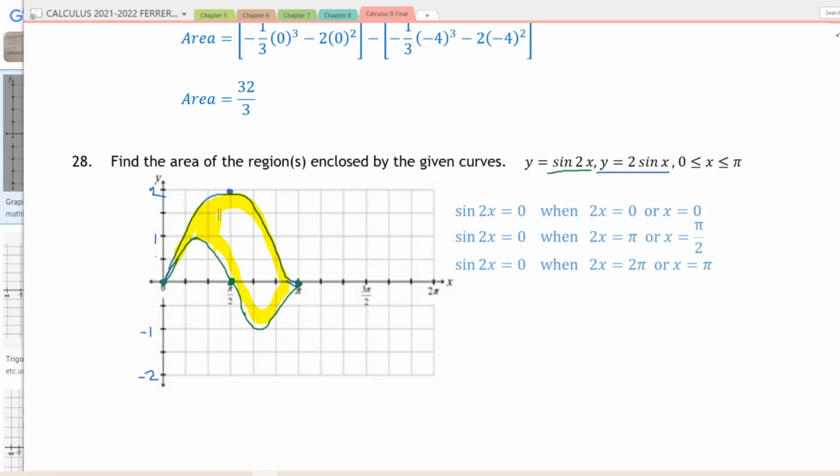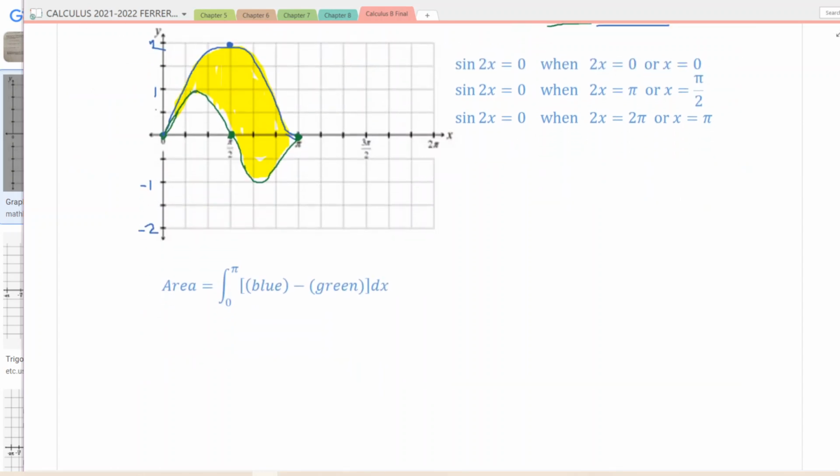And nicely, our top curve and our bottom curve are never going to change. Our top curve is always going to be blue, and our bottom curve is always going to be green. So we just need to integrate the blue curve minus the green curve from 0 to pi, and that'll be our area.